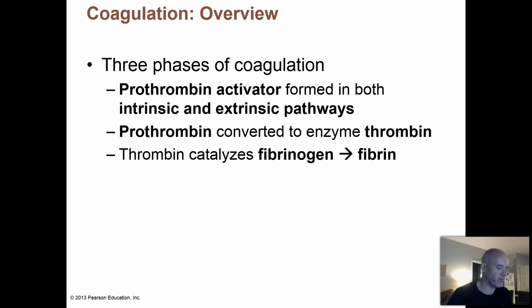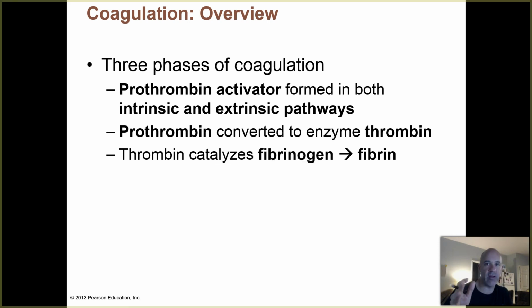Okay, there are three phases of coagulation. Now don't get confused with the three major stages of hemostasis in general. Here we're talking about the third phase, coagulation, and that third phase is itself divided up into three major phases. One of those involves forming an enzyme called prothrombin activator.